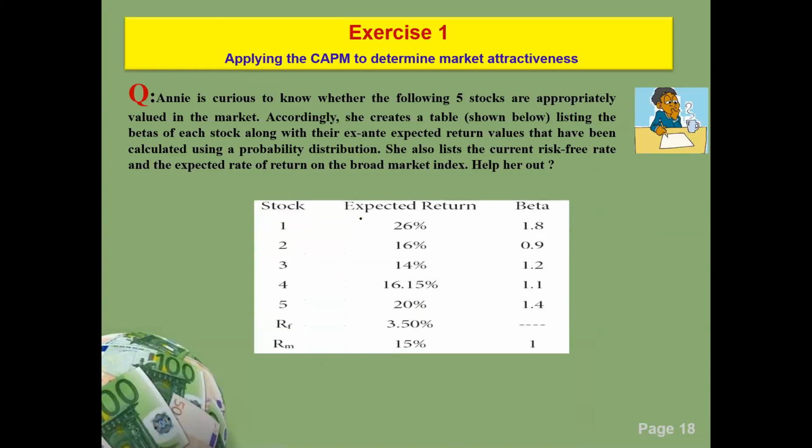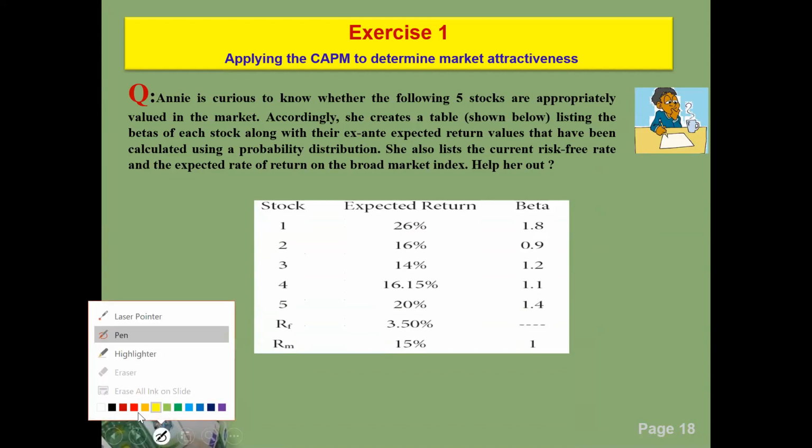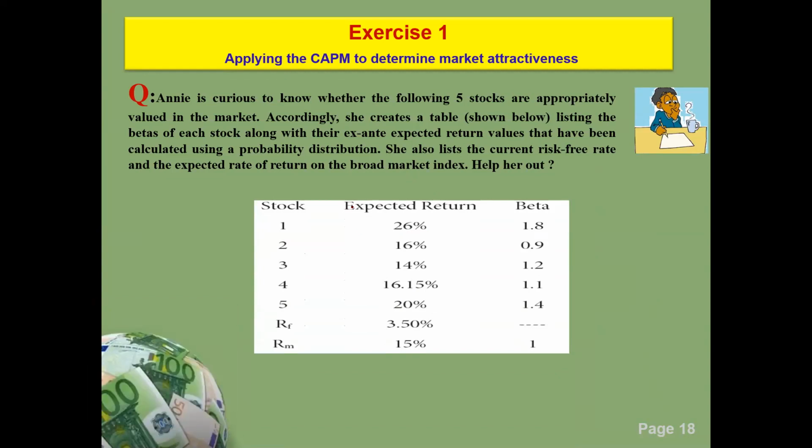Stock 1, stock 2, stock 3, these are their actual returns. Someone needs your help to tell which are overpriced. And we have the risk-free rate, the return of the market, and a beta for each stock.